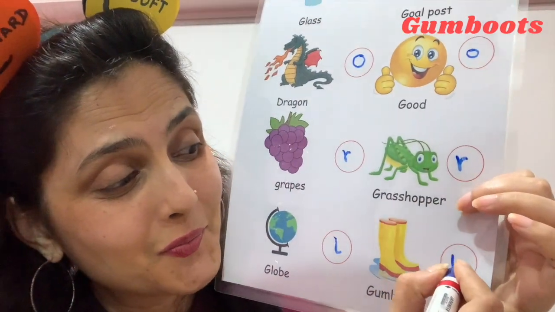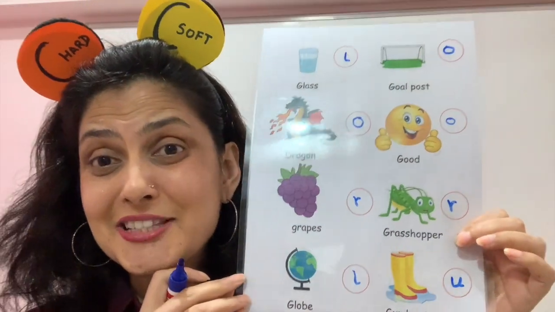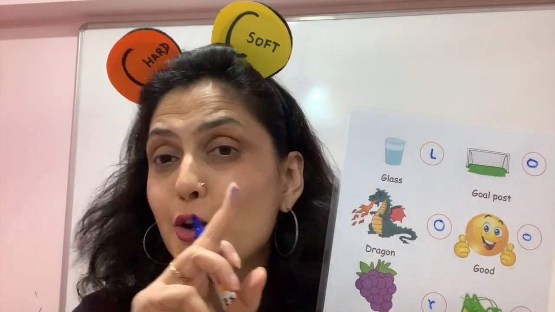U. Did you see this? Did you see any E, I or Y over here? No, right? So when you have any other alphabet other than E, I or Y next to G, you will say G. When you have E, I or Y next to G, you will say J. Again, how you'll remember? Same thing. E, I and Y.